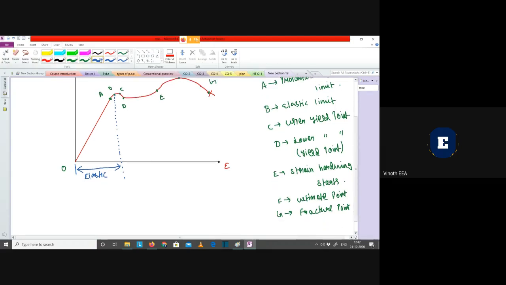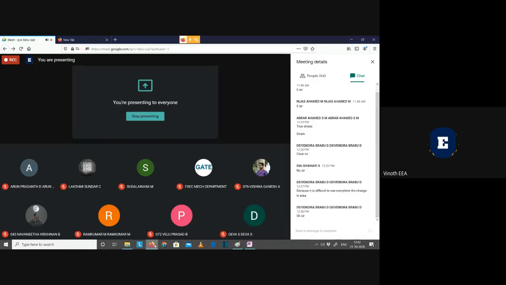The first thing is, I won't say why there are two yield points, upper yield point and lower yield point. I won't say what is meant by strain hardening. Why? Because you have probably already attended material science or metallurgy class.